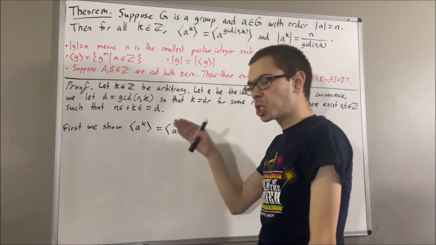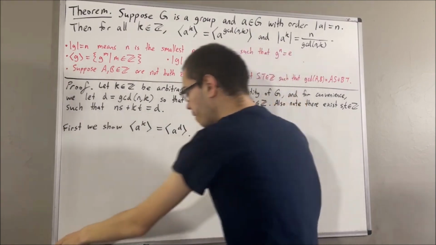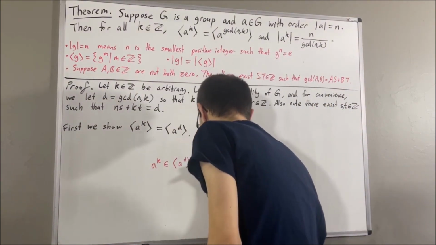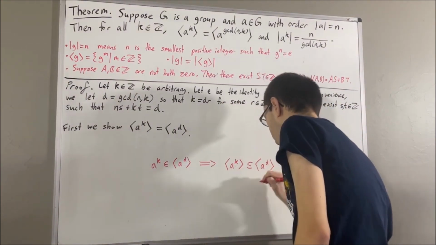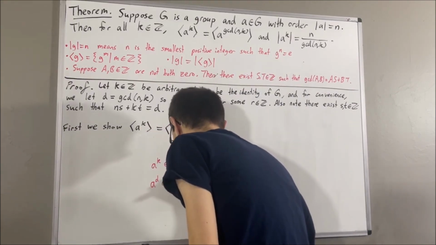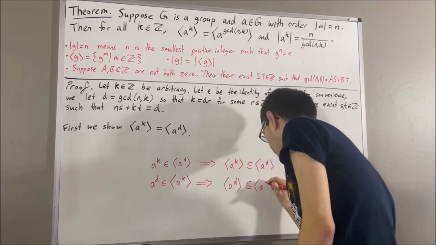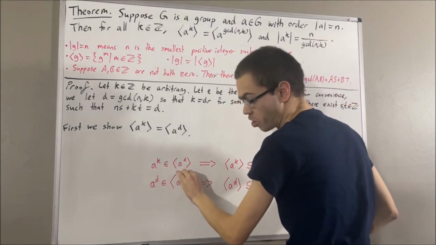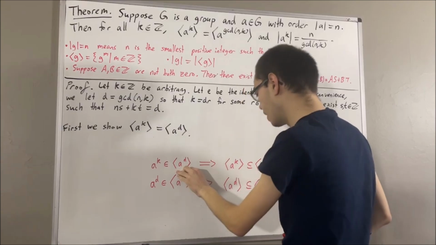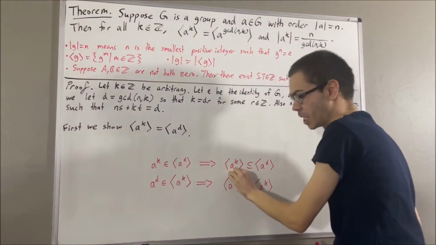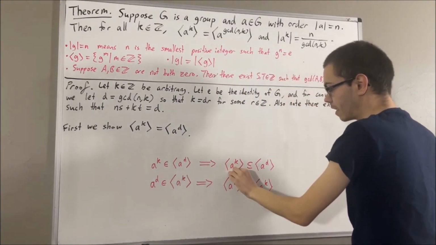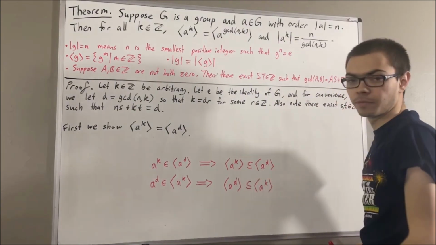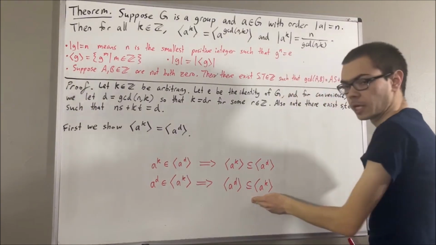Now, to show those two inclusions, it suffices to show the following. If we can show that a^k is an element of the group generated by a^d, then that implies the entirety of the group generated by a^k belongs to the group generated by a^d, and vice versa.